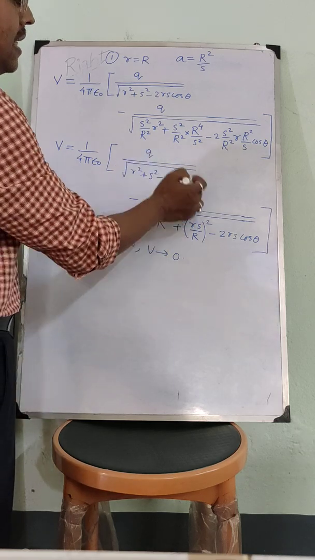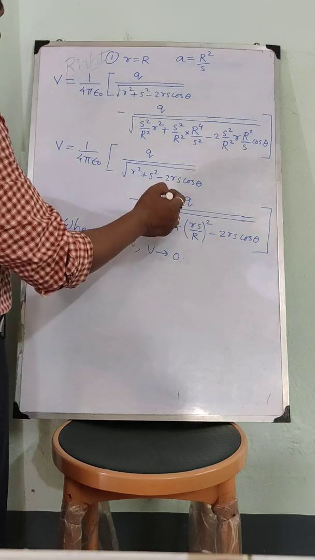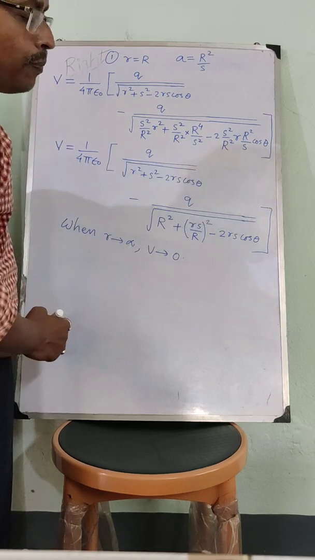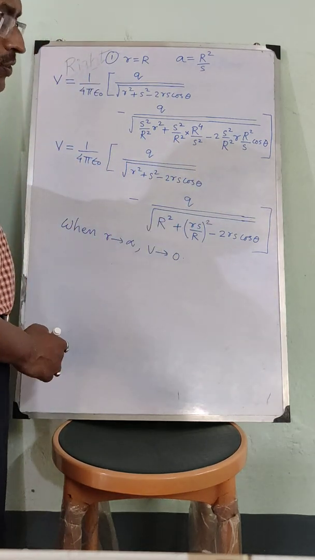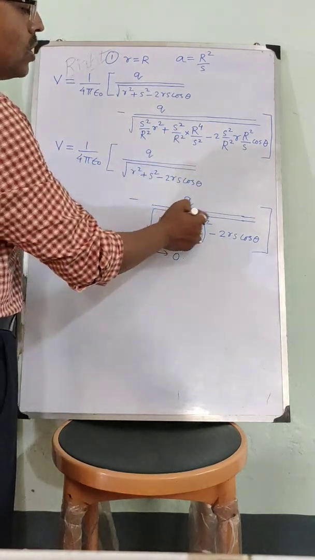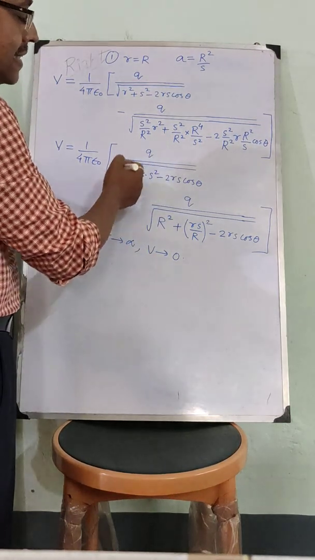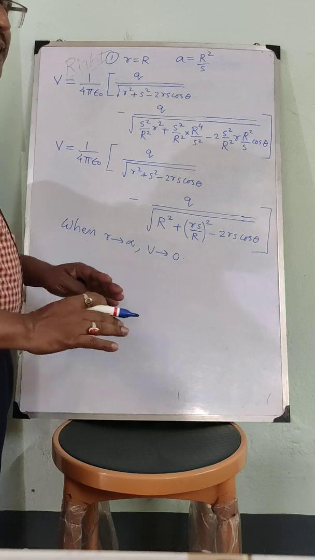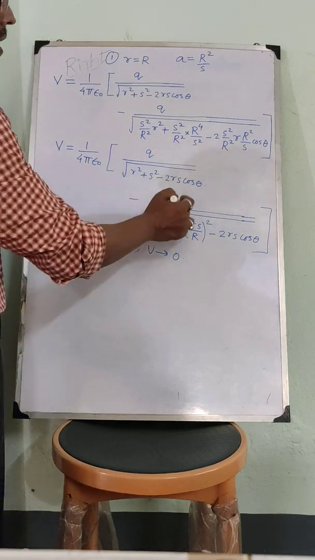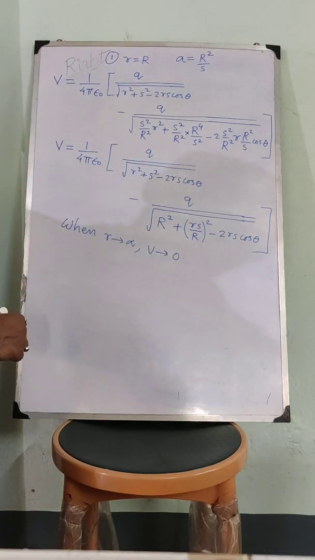So this potential is agreeing with the two boundary conditions and also agrees with the fact that we have a point charge q at a distance of small s from the center of the sphere. So this is the potential outside the conducting sphere. We can say it boldly on the basis of the first uniqueness theorem. So this is our answer, that is, this is the potential outside the conducting sphere.